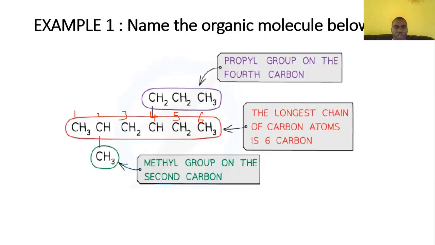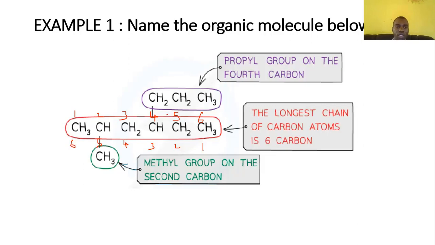Also here, this is 1, 2, 3, 4, 5, 6. So the longest continuous chain here is the one which has got the 6. Not just any chain, but the longest continuous chain. So you can also number from here: 1, 2, this is 3, 4, 5 there, and this is 6.